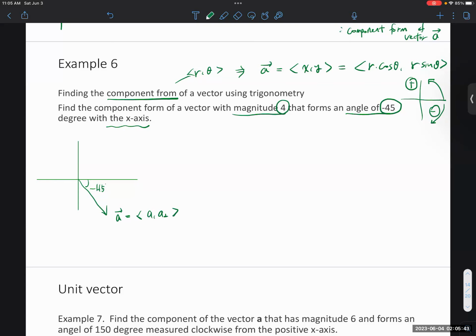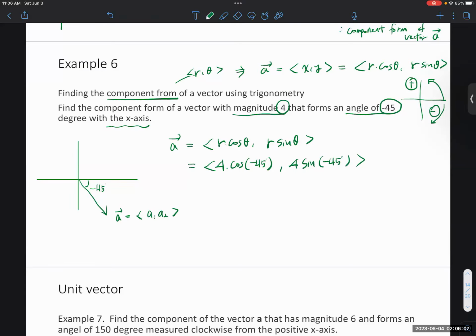So we're going to represent x and y in terms of the component form. Vector A is going to be r times cosine theta, r times sine theta. So 4 times cosine negative 45 degrees, 4 times sine negative 45 degrees.